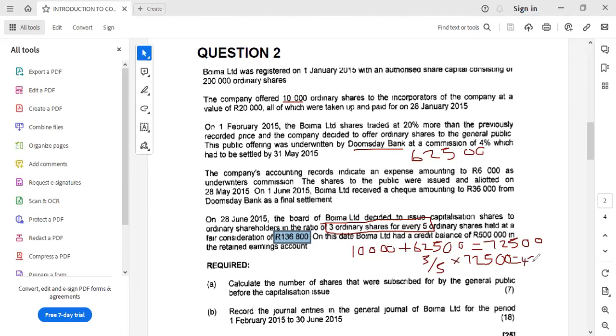So this will be the number of shares, but it was unnecessary here because when you're doing general entries, you don't necessarily need the number, you need the amount. Since we're given the amount, there was no need to do this. But I'm just showing you in case you find a question where they don't give you the number of shares and you have to calculate them first. Then you multiply by the price per share. They can give you the price per share. Any questions?